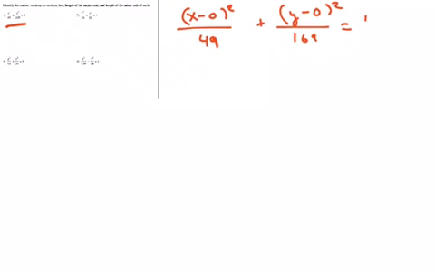Okay, so what am I going to do here? Well, I'm going to start with the equation, x squared over 49 plus y squared over 169 equals 1. From this, because we know it's of the format (x minus 0) squared over 49 plus (y minus 0) squared over 169 equals 1, we know that the bigger value is 169 and the smaller value is 49.